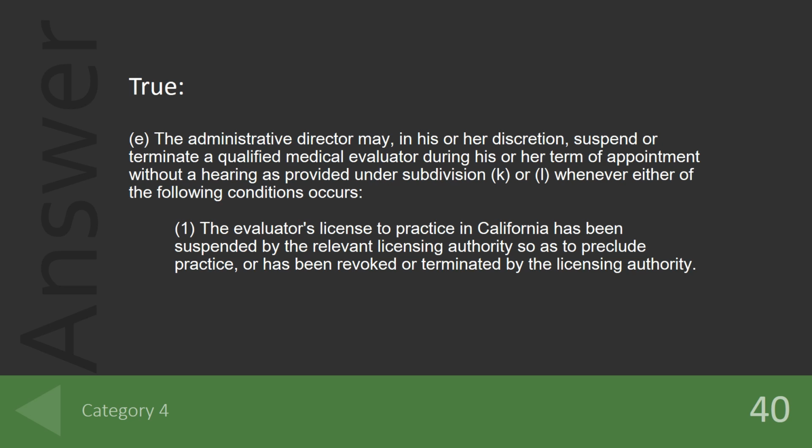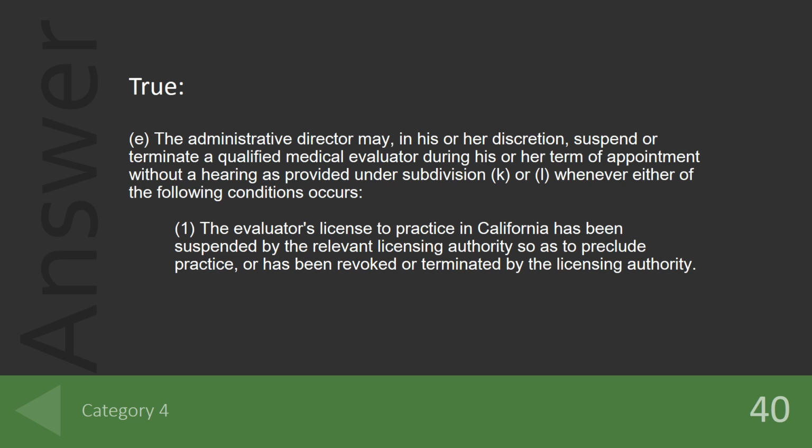So for both the licensing authority and also the Division of Workers' Compensation, those regulatory bodies are concerned that we maintain high standards in our professional practices and also in our personal lives.